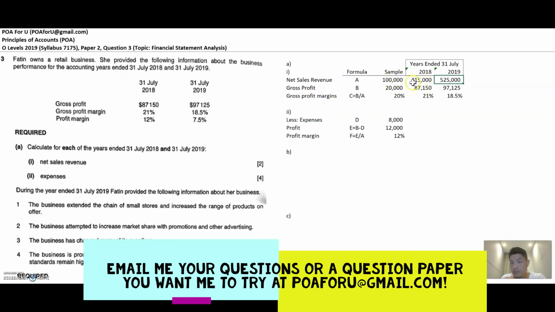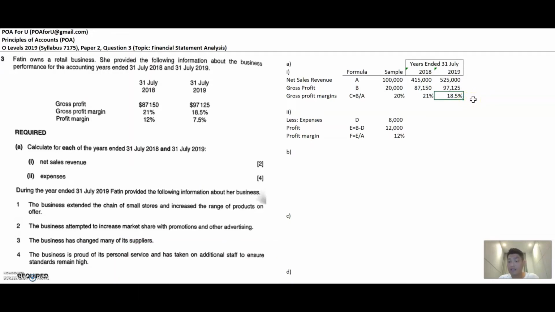Similarly for this one, in 2018, if it's 21%, it means every $1 of sales that you make, you are making a gross profit of 21 cents. And in 2019, for every dollar of sales revenues that you sell, you're making a gross profit of 18.5 cents because the percentage has fallen. So that's the appreciation that you should have when you look at these numbers as well.